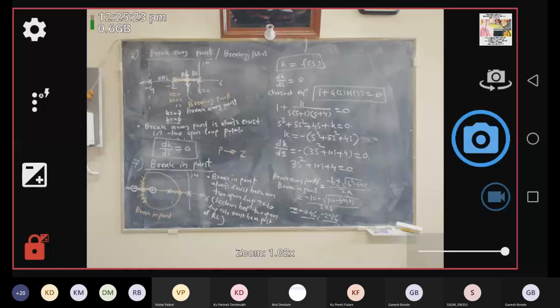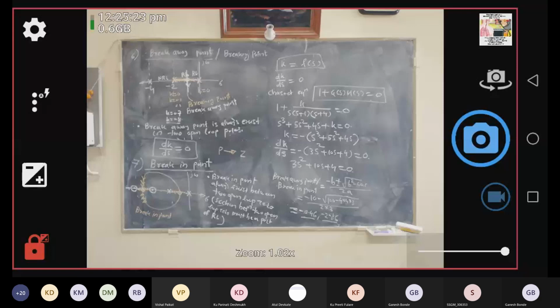So what is the meaning of angle of departure or angle of arrival? Note down the meaning. The angle of departure is related with the complex conjugate poles.